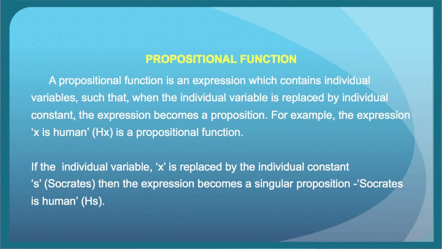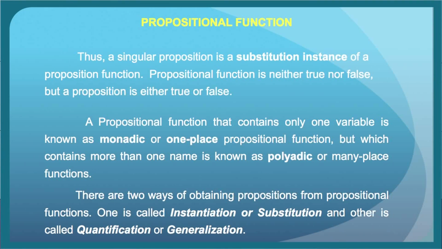Here, human is the predicate of this statement, so H is written in a capital letter, and x is the representation of the name of a particular individual, so it is written in a small letter. When the individual variable x is replaced by the individual constant s, for Socrates, the expression becomes a singular proposition: Socrates is human, Hs. Thus, a singular proposition is a substitution instance of a propositional function. A propositional function is neither true nor false, but a proposition is either true or false.